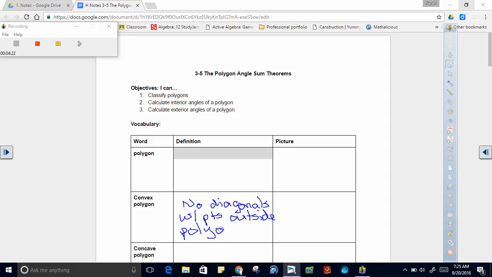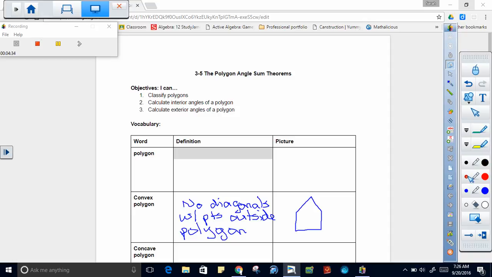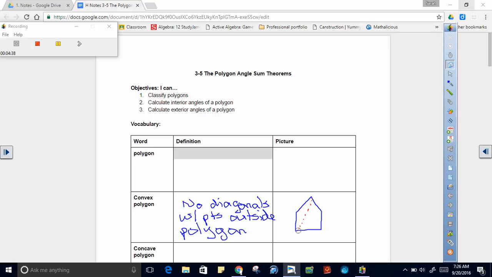So pretty much, that's a great definition, but what's happening is if it's a convex polygon, everything kind of points out. When they're talking about diagonals, diagonals are lines that connect vertices. So there's a diagonal. There's a diagonal.